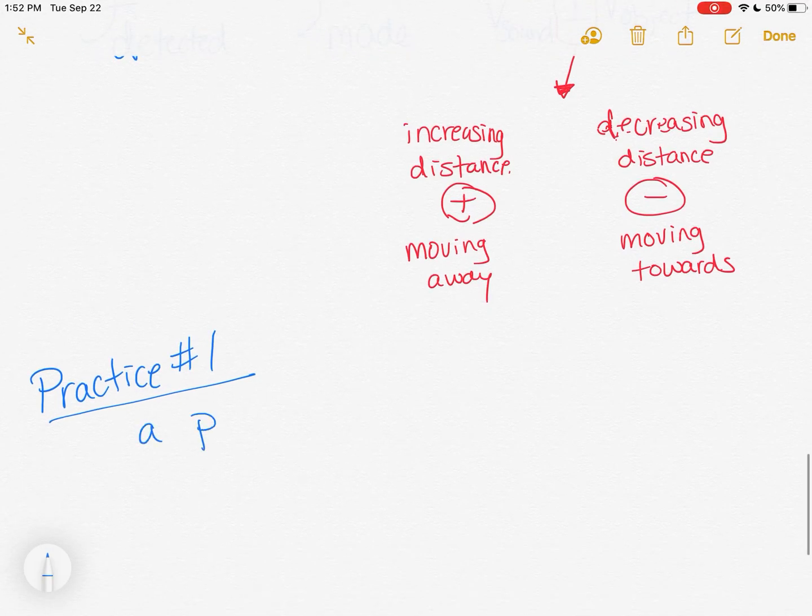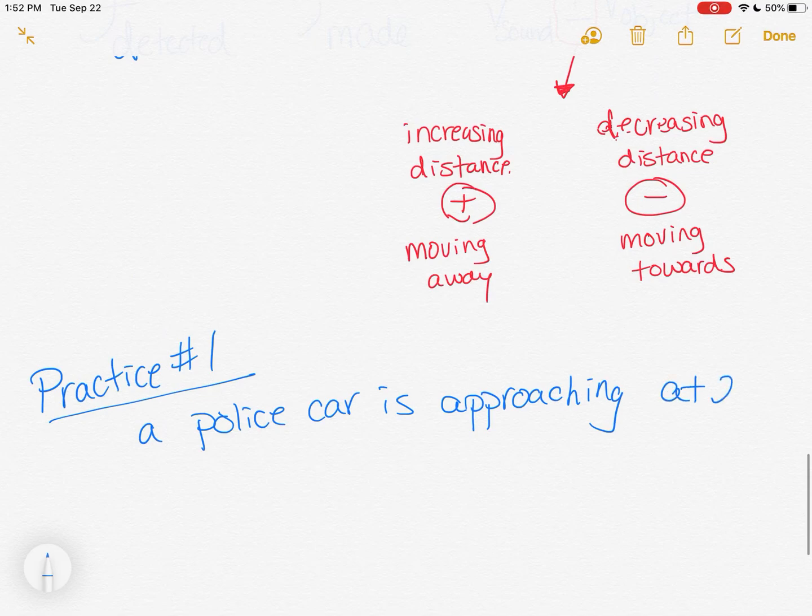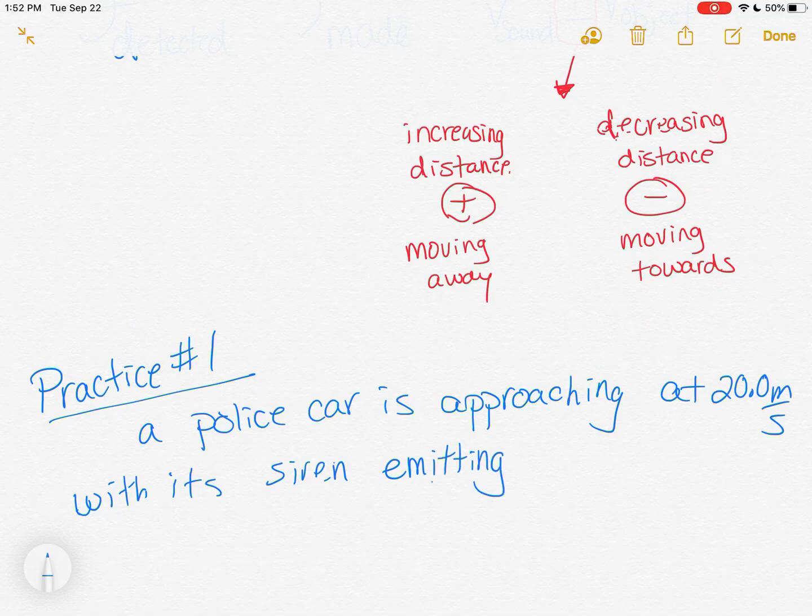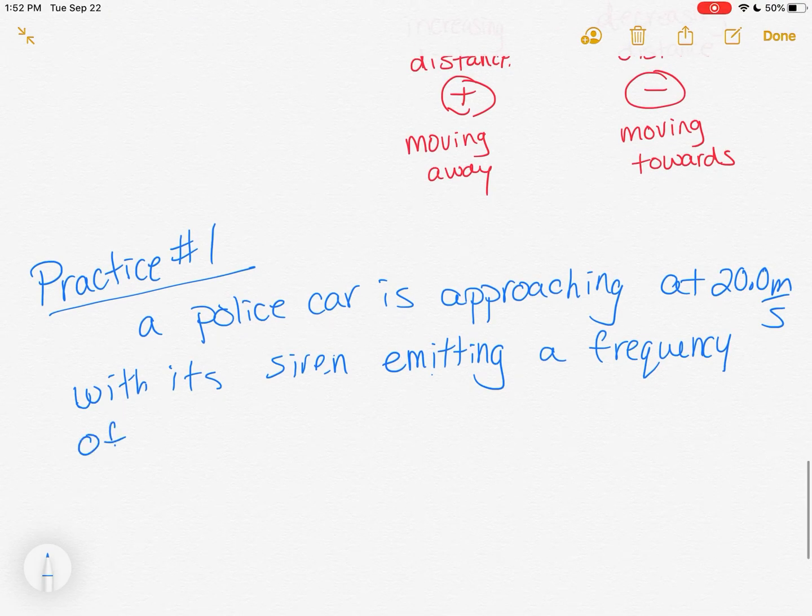Okay, so a police car is approaching at 20.0 meters per second with its siren emitting a frequency of 1.0 kilohertz.